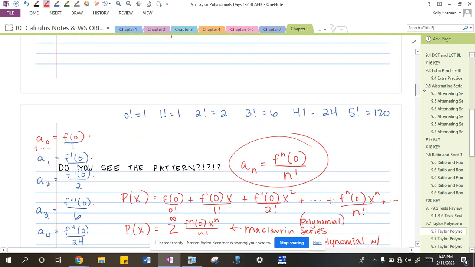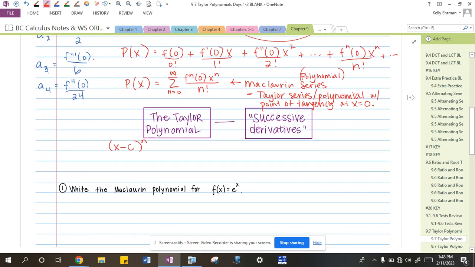So if you plug in your point of tangency, which would be c, you would get back to 0. You're still going to have the nth derivative, but you're not always going to evaluate at 0. You'll evaluate at whatever the center is. And you're still going to have n factorial in the denominator.